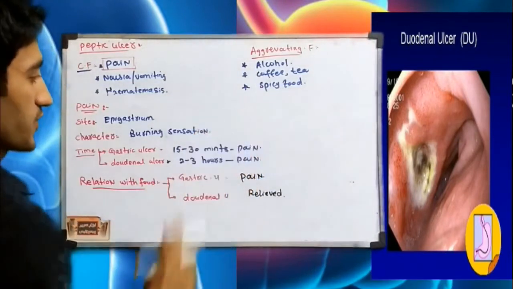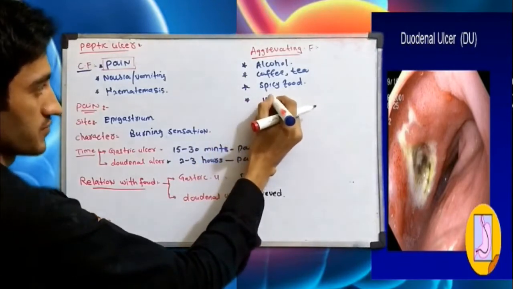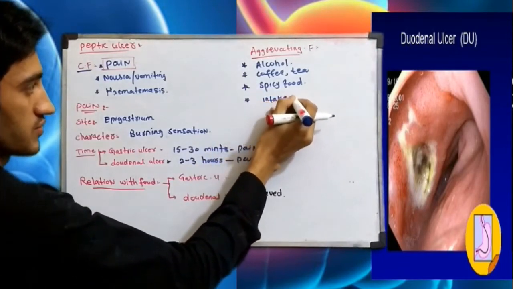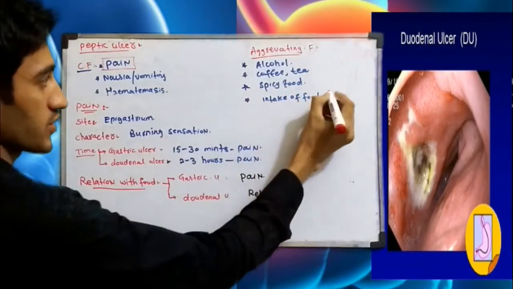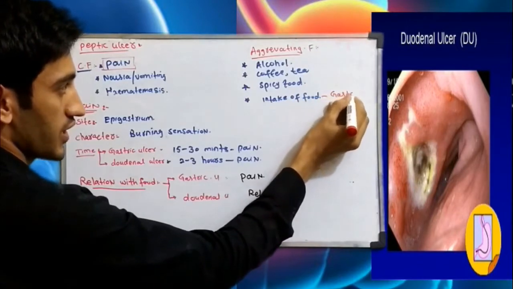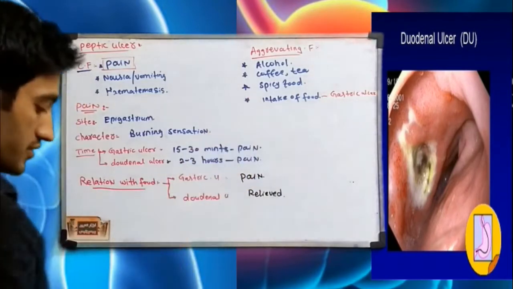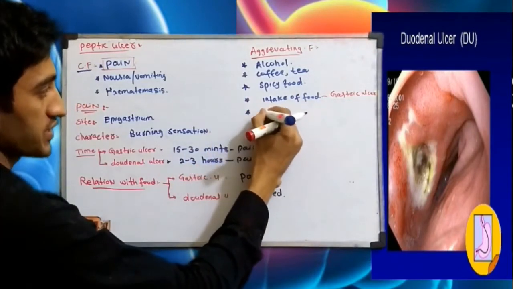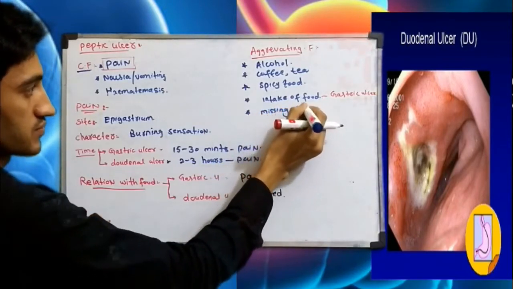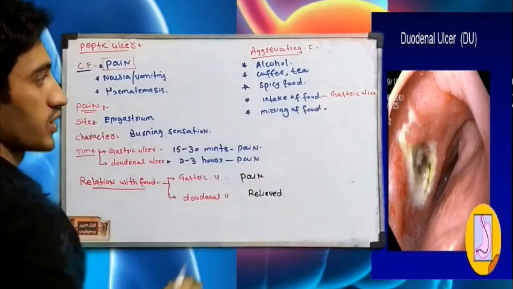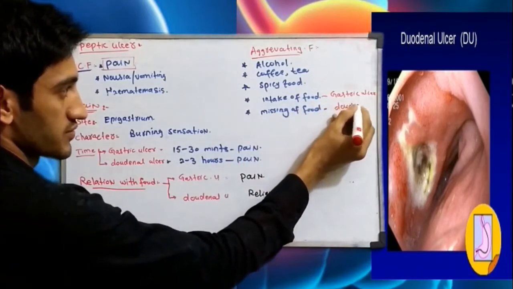Again, among the aggravating factors, the intake of food will increase the pain in case of gastric ulcer, and missing of food will cause the pain in case of duodenal ulcer.